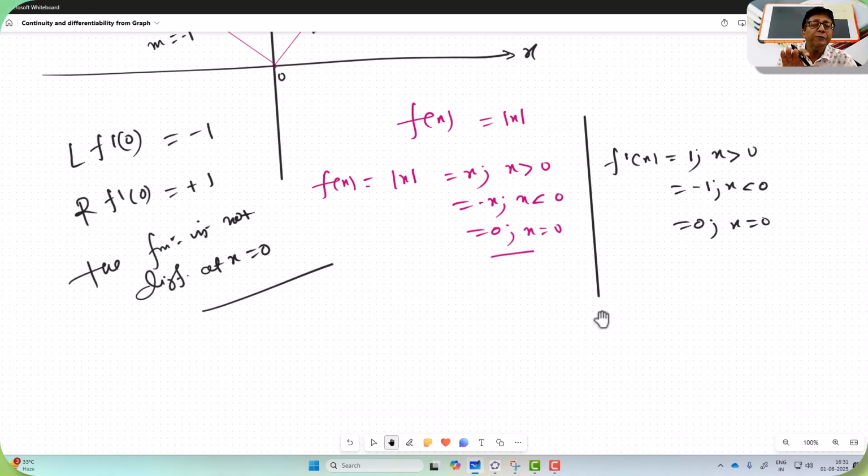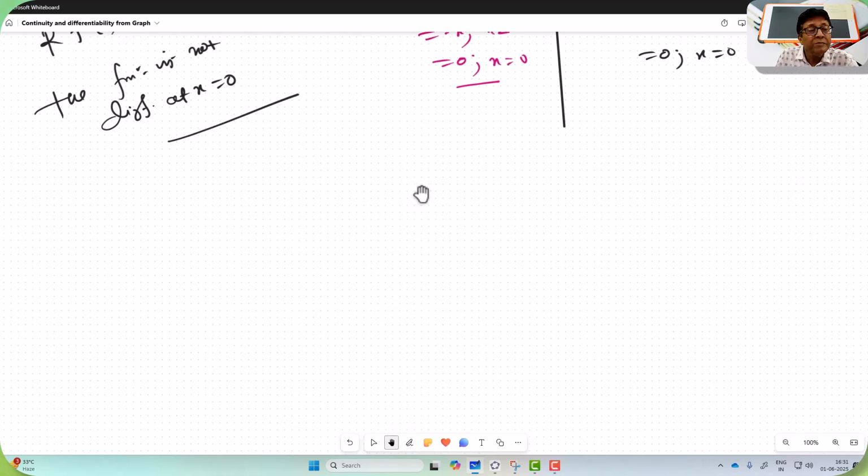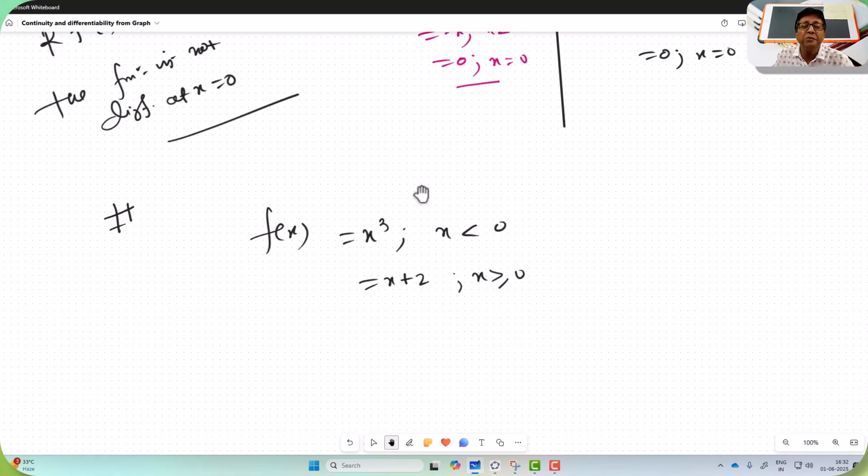Isn't it? So this is a case of mod x. In any mod function, mod x minus 1, mod x minus 2, whatever you take, it will happen this way, right? So one more example. Now let us take another example here, f(x) equal to x cube for x less than 0 and x plus 2 for x greater than or equal to 0. This function, if you check continuity at x equal to 0, what do you observe?